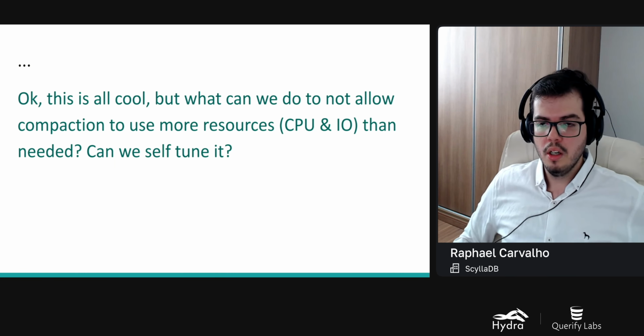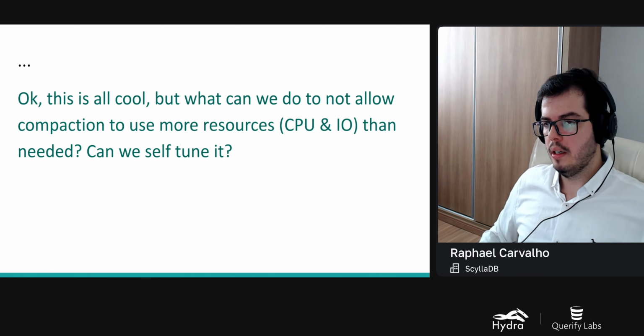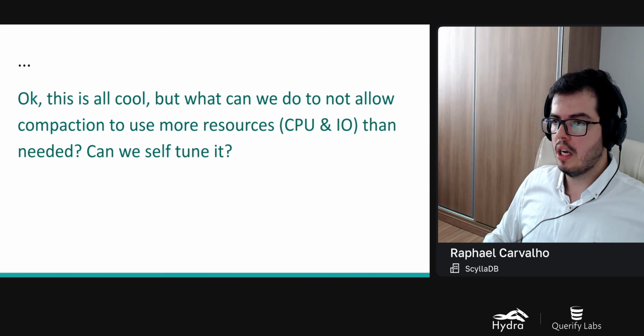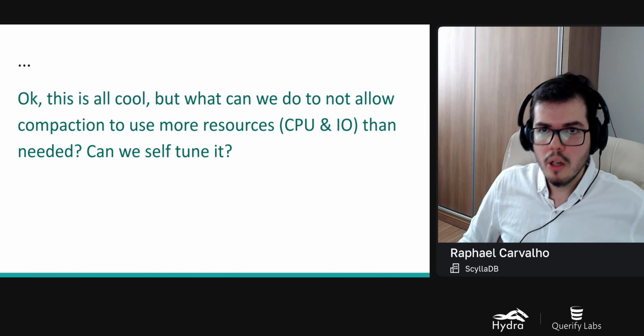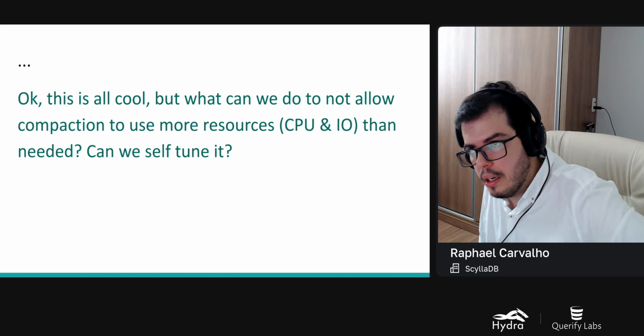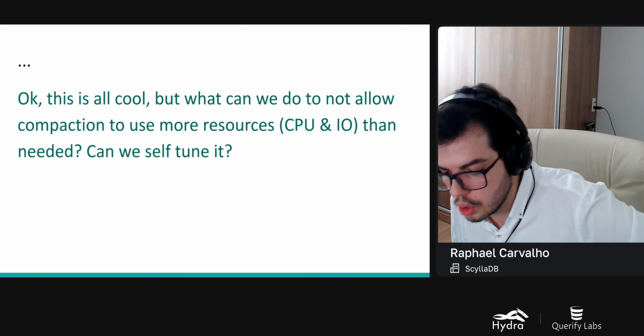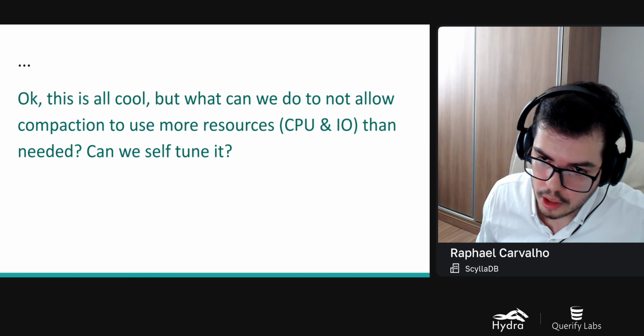Okay, this is all cool, but we talked about all the strategies, how they work, which files they compact and when, and so on. So I said in the beginning of the talk, what if compaction starts using more disk and CPU than needed?